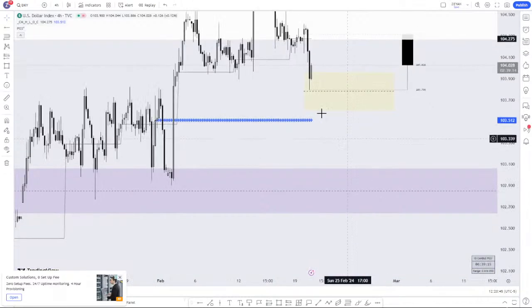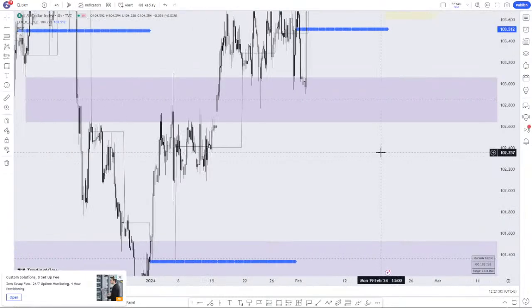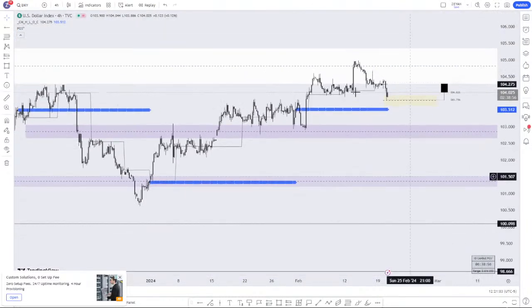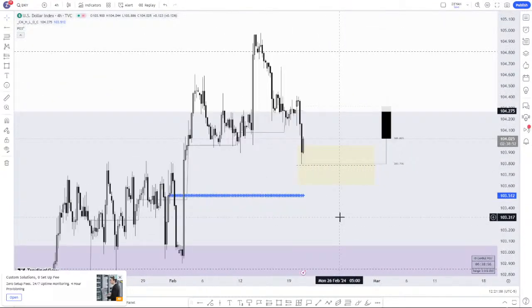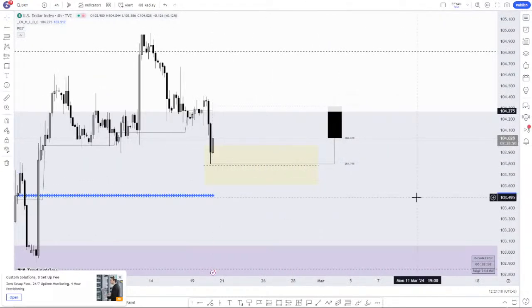For example, if the price moves to this point and stays below it, then, because it's a higher time frame, I'll wait at least 3 days, then I'll start to look for shorts. Then I'll be interested in the areas of interest below. But as long as we are at this concrete point, I'm not interested in longs.